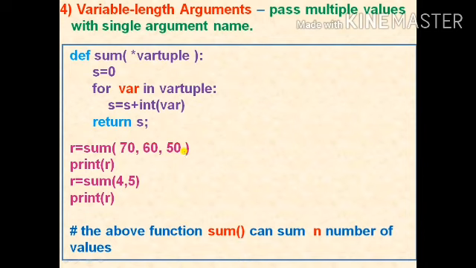You can supply as many numbers as you want, and this function will work. This type of function definition is known as variable length argument. It means the argument is not parameterized by the number of values. You can supply n number of values, and the function will work on whatever values you have supplied and return the value as per its definition.